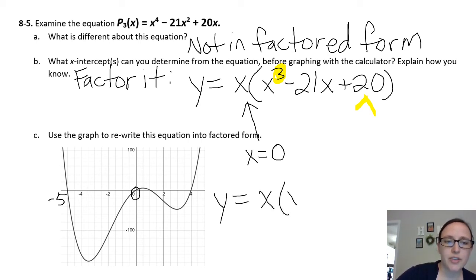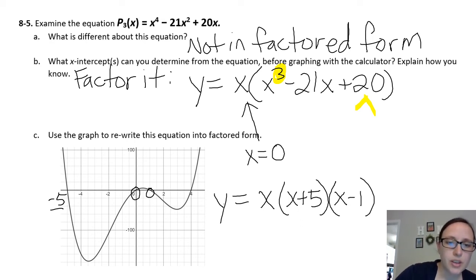We're going to have a factor of x plus 5. Remember, same number, opposite sign. Another factor could come from here. So that x-intercept is at 1. Since it's positive 1, the factor is going to be x minus 1. And another factor, x minus 4.